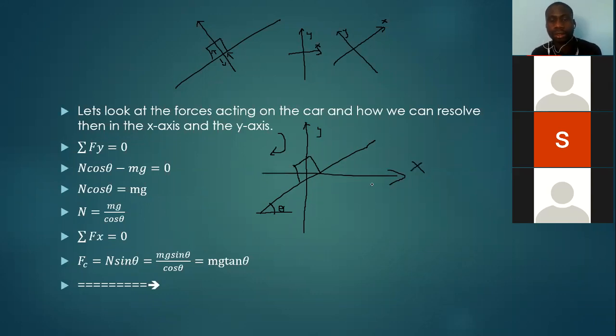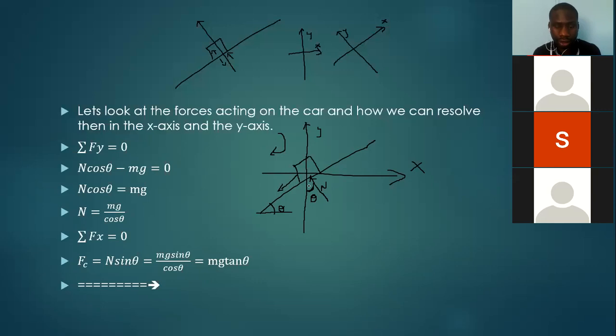Now, in this case, remember, my normal force is always pointing in that direction, and there's an angle here. Obviously, you can see that there's an angle, and I always say that this angle is equal to that angle, all right? So we have our weight pointing in that direction.